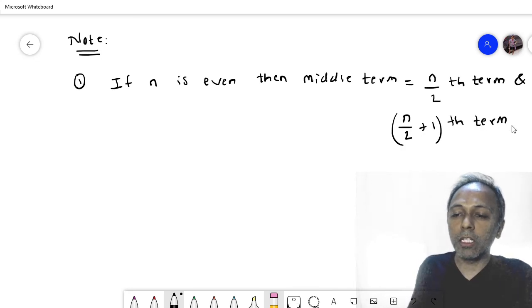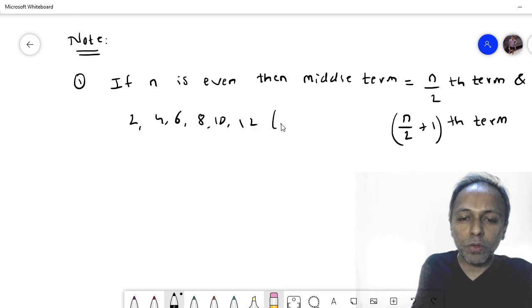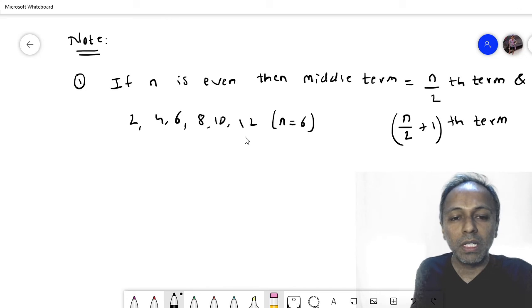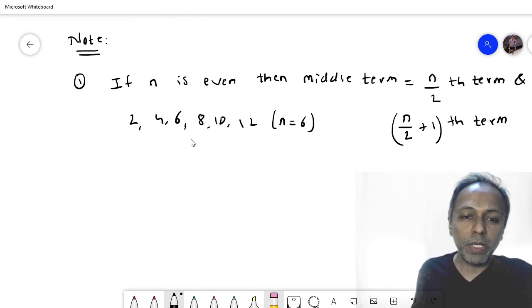They happen to be the middle terms. For example, say we have 2, 4, 6, 8, 10 and 12. So here n is equal to 6, that is, the number of terms is even, and we are asked to find the middle term. So the middle terms will be 6 and 8.